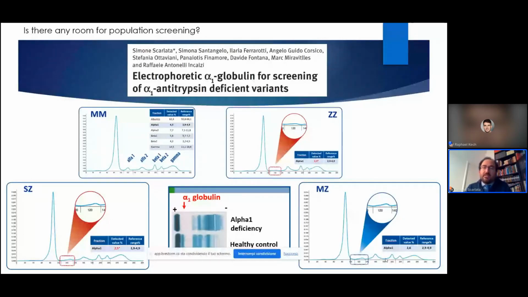We were able to identify specific thresholds associated with a higher risk of mutation just by observing the alpha-1 globulin band at the proteogram.